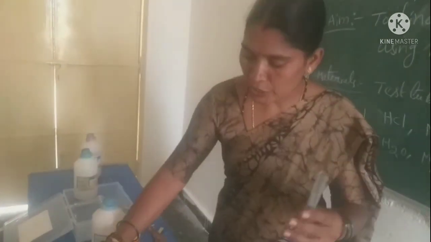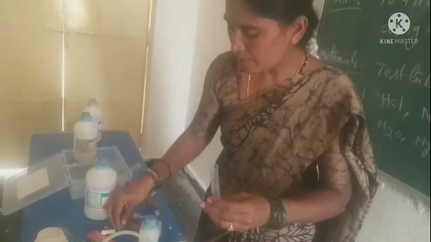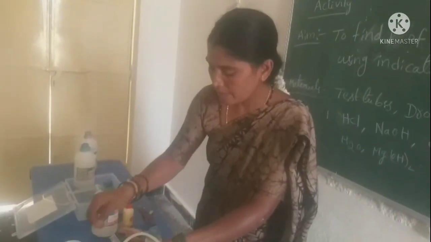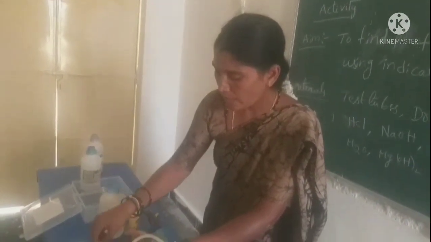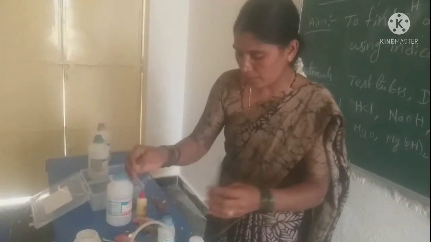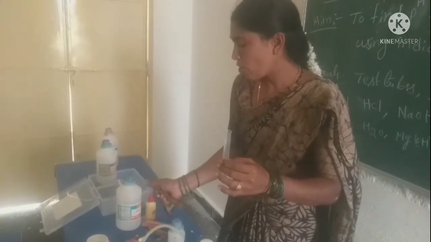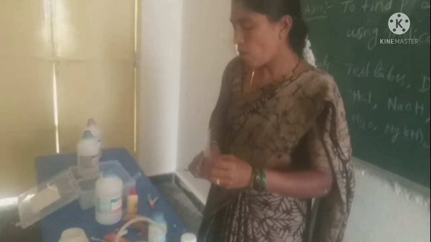You take a test tube and add 5 grams or 2 grams of magnesium hydroxide salt.